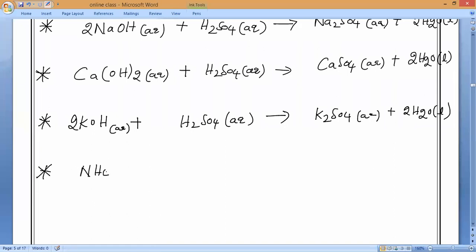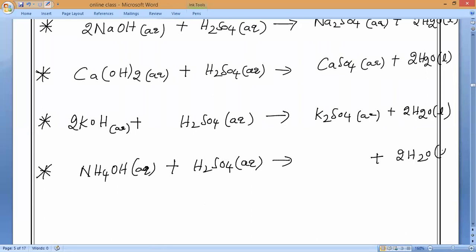Next, let it be the last example. Ammonium hydroxide, what is the formula? NH4OH reacting with sulfuric acid. Now let me see who will tell the products. Ammonium sulfate plus water. The formula of ammonium sulfate is (NH4)2SO4.